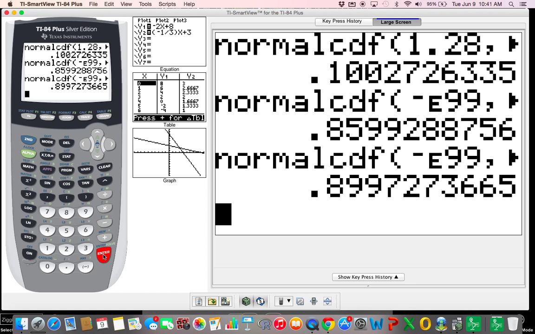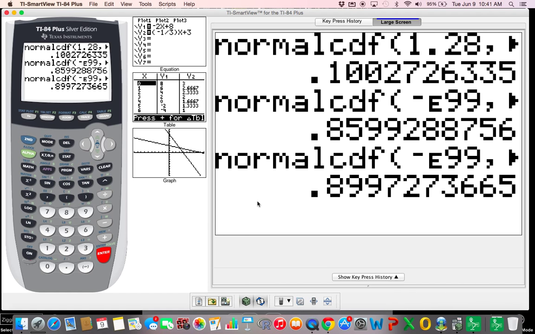Guys, hold on just a second. I'm going to show how the other calculator works too, just in case you have it. All right, gang.